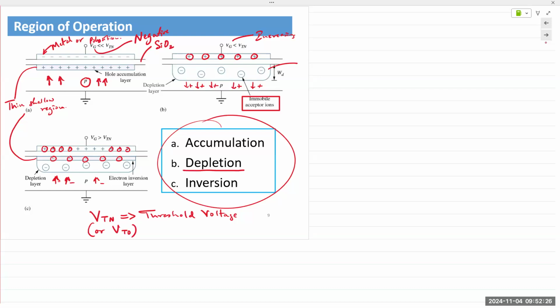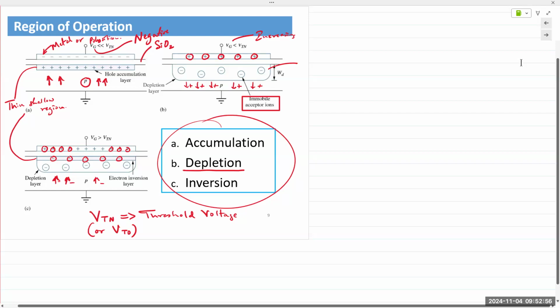Okay, so VTN is the threshold voltage that is required to invert the channel and establish a conduction pathway between the 2 regions. So this is basically the operation of the MOS capacitor. In the next slide, we'll see how we can actually control it.